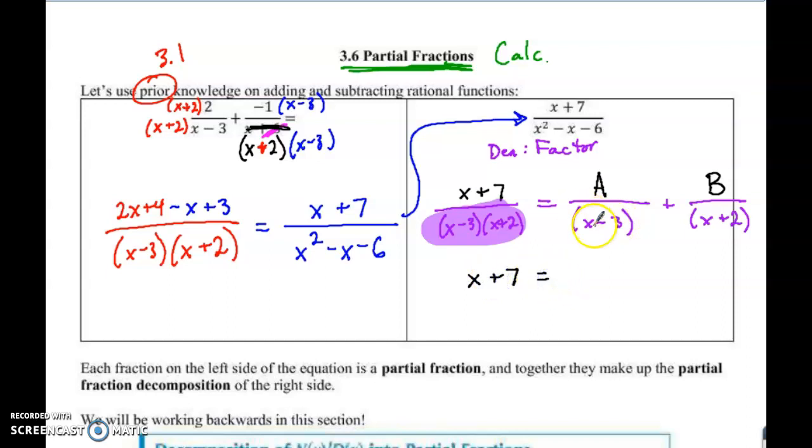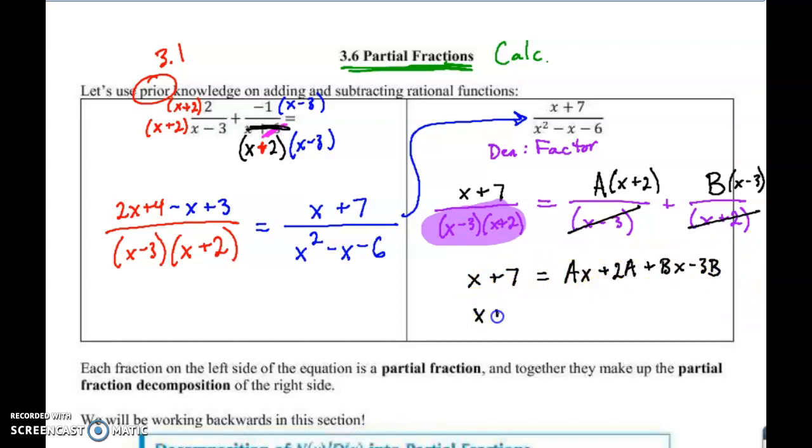On the right side, the x minus 3 will cancel out with the x minus 3 because I'm multiplying everything by it, but I need to multiply the top by x plus 2 then. And same thing with this value, the x plus 2 will cancel out, but not the x minus 3. So then what I have is Ax plus 2A plus Bx minus 3B is equal to this term.